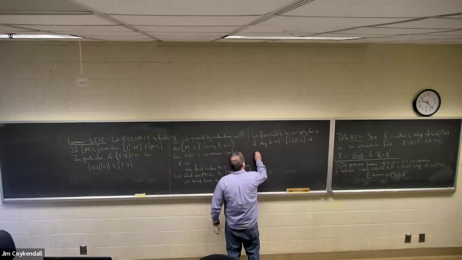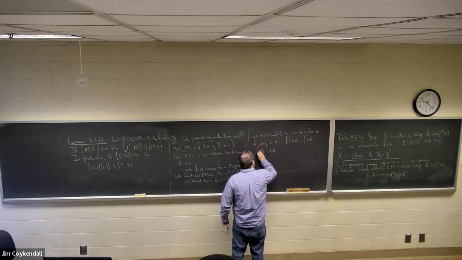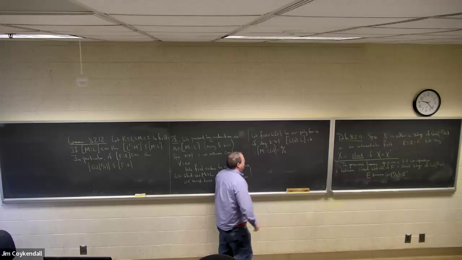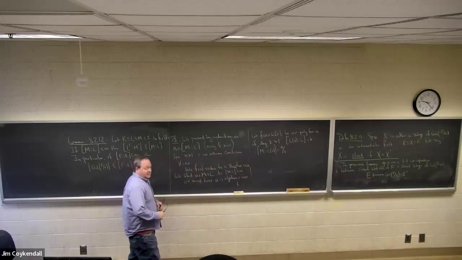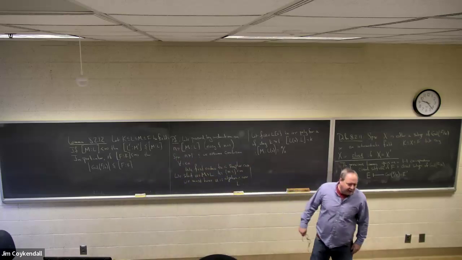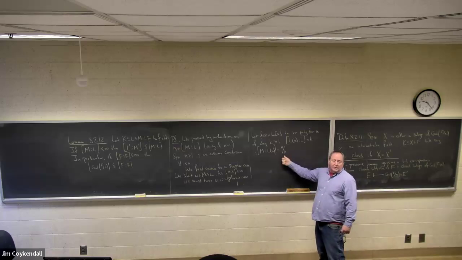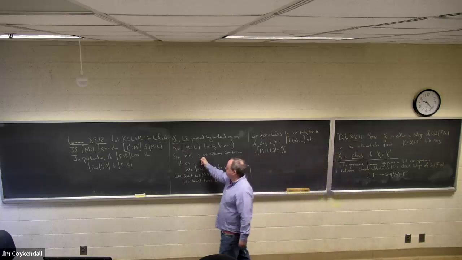And if this is true, the degree of M over L(u) has to be precisely n over k. Of course, that means that k must divide n because this has to be an integer, but more importantly, the product here has to be n.